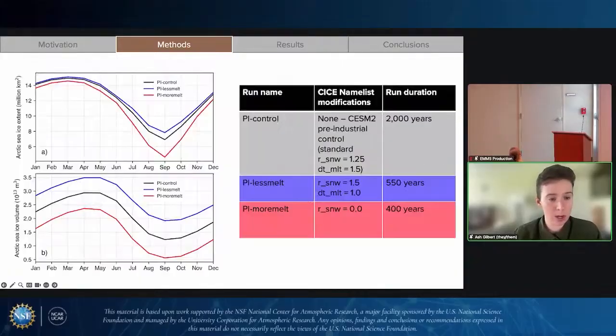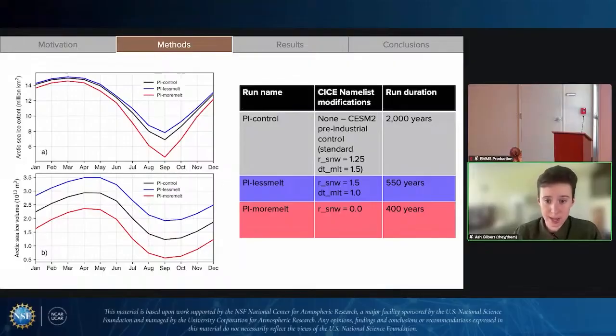This is just a quick overview of what the mean states look like, particularly looking at the sea ice. On the top, I've got the Arctic sea ice extent, and on the bottom, volume. These are the seasonal cycles. So PI nudge, that's the mean state. It comes from PI control, which is, again, the standard CESM2 pre-industrial control state.